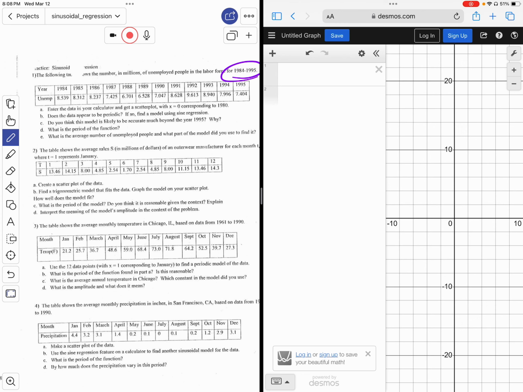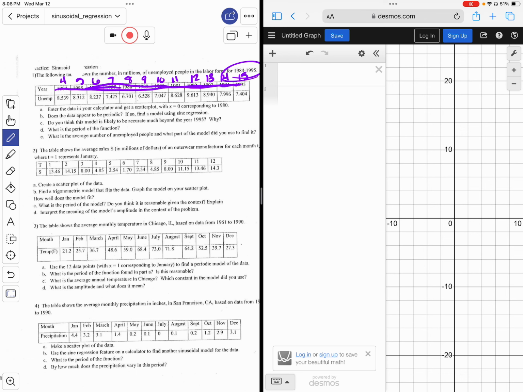It says enter the data in your calculator and get a scatter plot with x equals 0 corresponding to 1980. So 84, this would be year 4, 5, 6, 7, 8, 9, 10, 11, 14, and 15. So they don't want us to use the actual year.